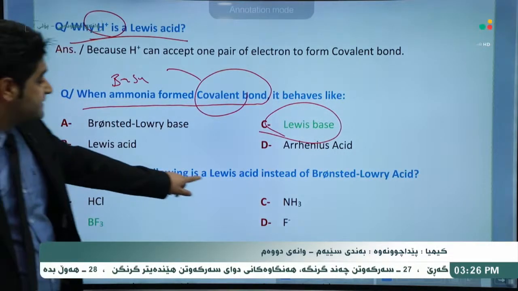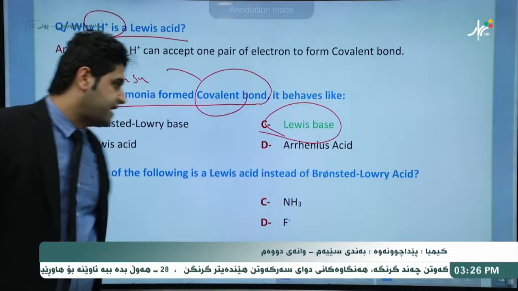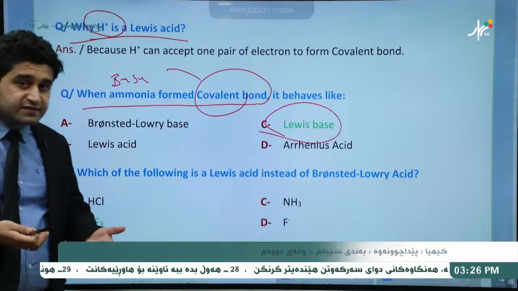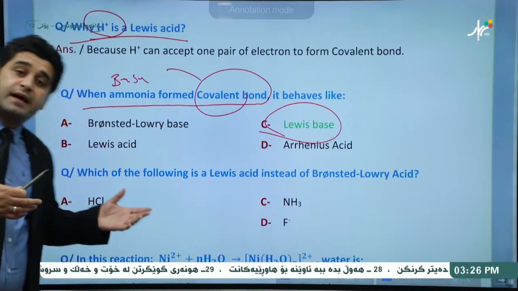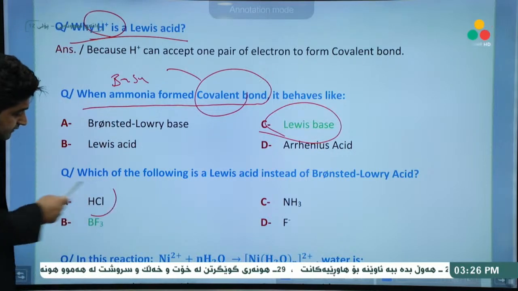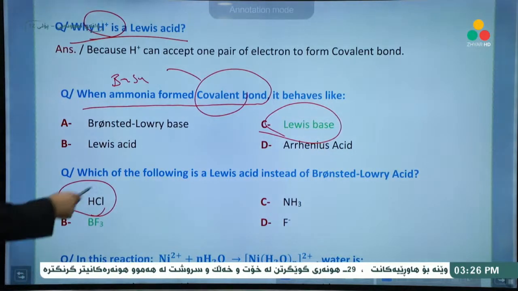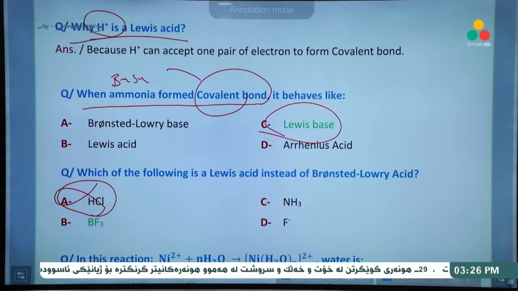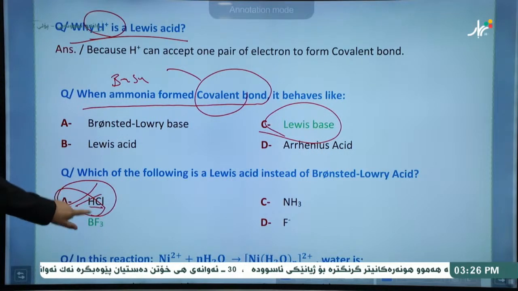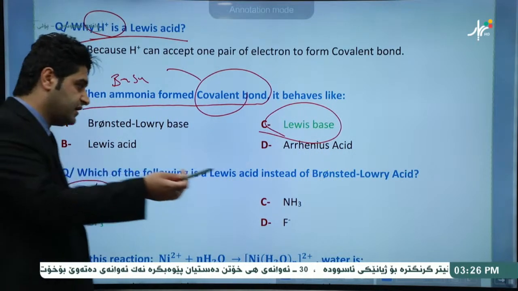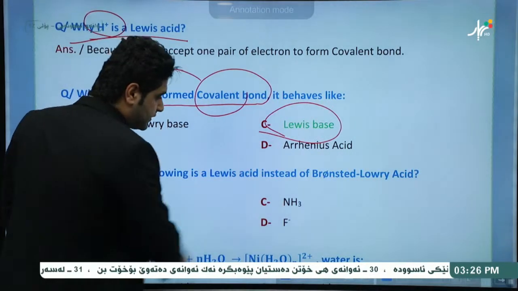Which of the following is a Lewis base instead of Brønsted-Lowry acid? It means it will be a Lewis base, so it can be detected by Lewis, but cannot be detected by Brønsted-Lowry. HCl, yeah, HCl is acid. It's totally wrong because the question is about, well, HCl is wrong. Why? Because HCl can release a proton.